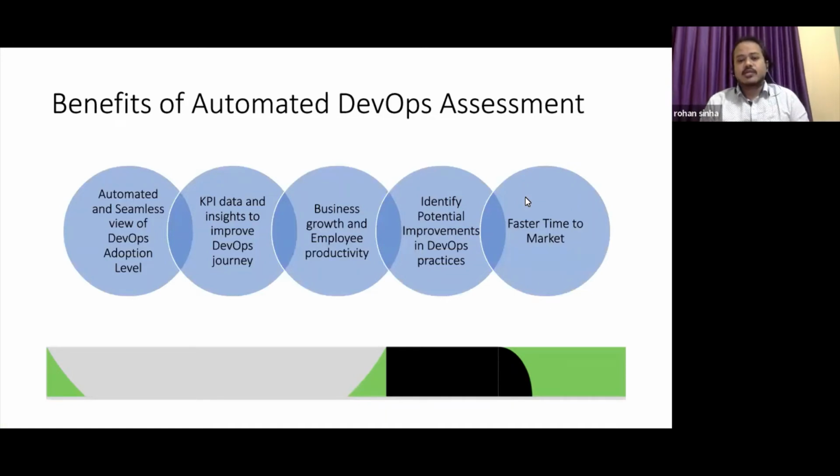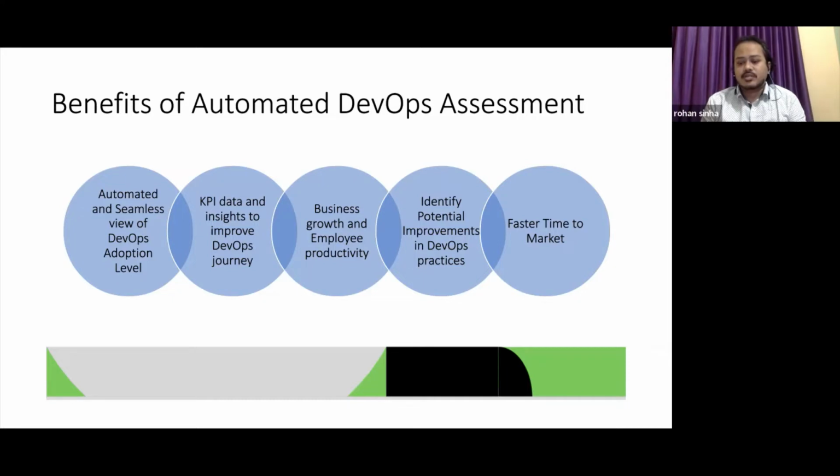So basically, when we talk about DevOps assessment, let me give an overview of it. In the current industry, people are looking for faster time to market and a faster application development journey, and various other factors they want to improve.